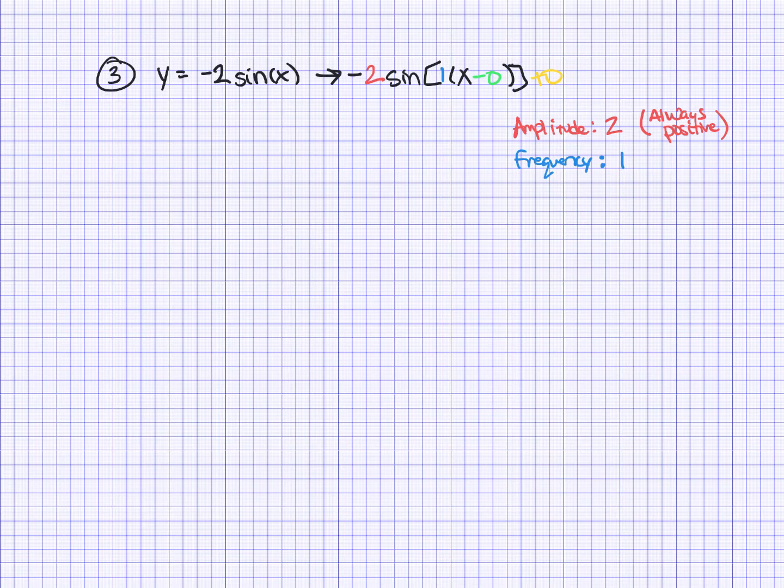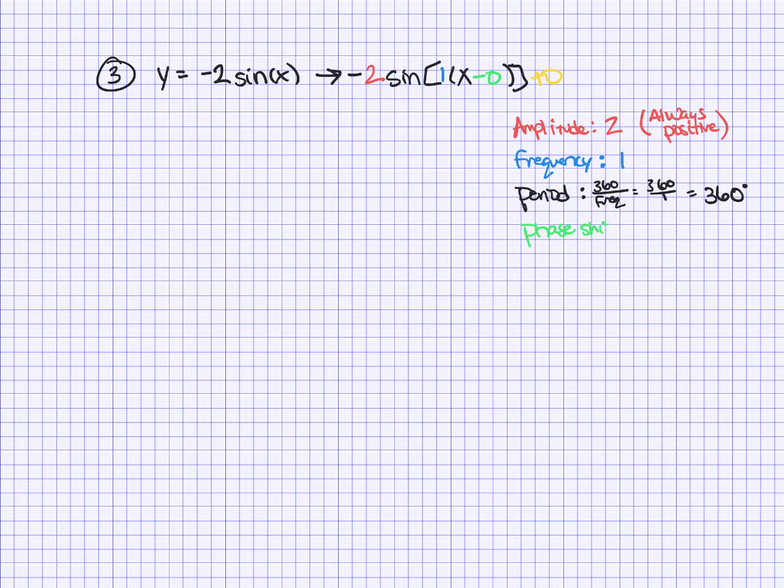And our period, I think I'm going to actually do our period in degrees this time, since in our last video we spent some time talking about radians. So if we do this in degrees, we're going to take 360 divided by our frequency, or in this case 360 divided by 1. So our period is 360 degrees, that's how long it's going to take to repeat itself.